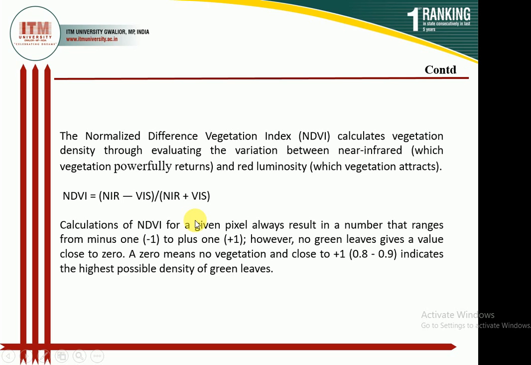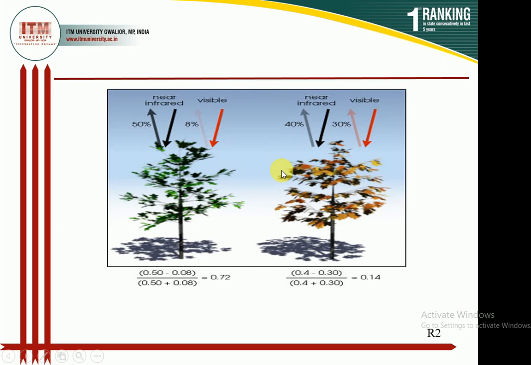One of the techniques of remote sensing is NDVI, the normalized difference vegetation index. In this, near infrared and visible rays are incident on a particular vegetation. Some are absorbed by the plant and some are reflected back. So by observing the near infrared and visible range of the rays, we can know about a particular type of vegetation.